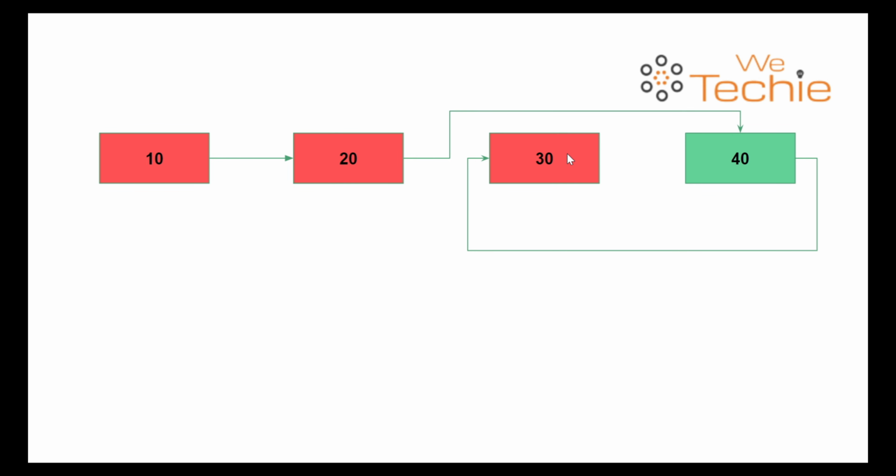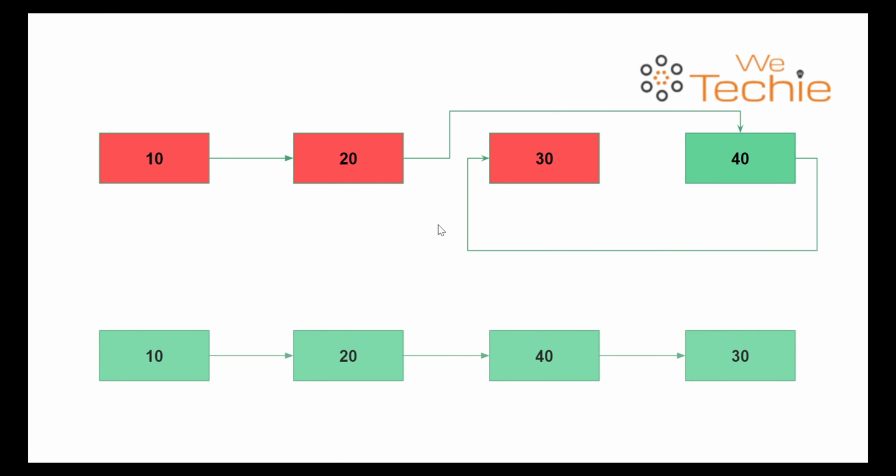So after performing both of these steps, the final linked list looks like this. See, 10, 20, and 40. If you look at the old linked list, there was a node between 20 and 40. Now that is removed, and that node is inserted at the end of the single linked list, which is 30.